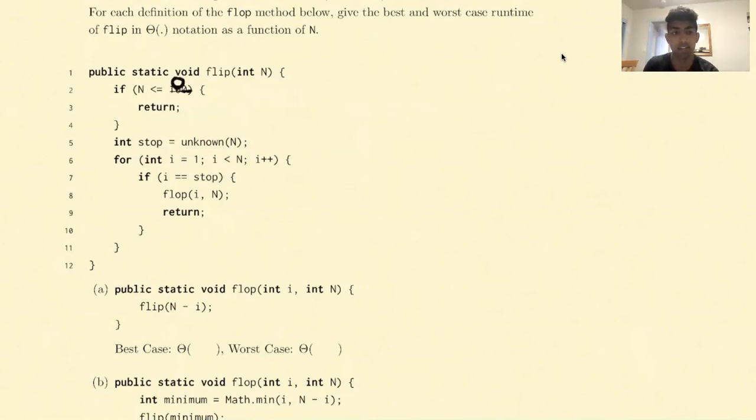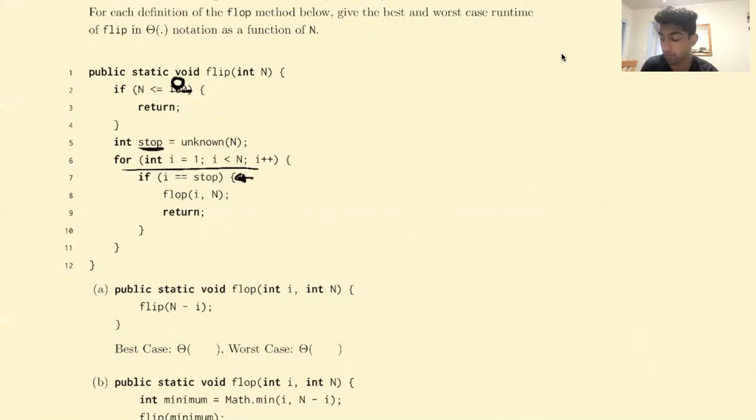The next thing I want to figure out about this function before diving into part A is that when we look at this stop, we will notice that no matter the value of stop, at some point in this for loop, we have to hit this if condition.